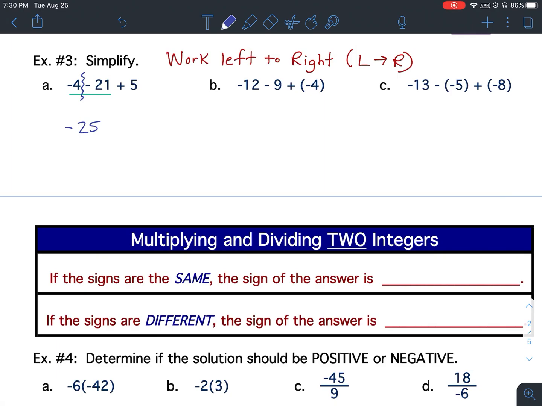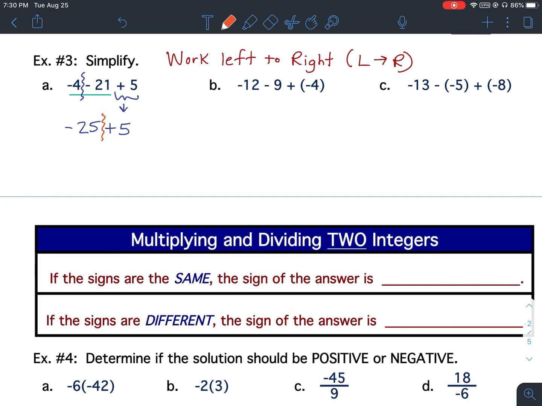Now what you want to do with this here on the end is just bring it down. So -25 plus 5. And now you do the same thing. Are these signs the same or different? I have a -25 and a +5. These signs are different.